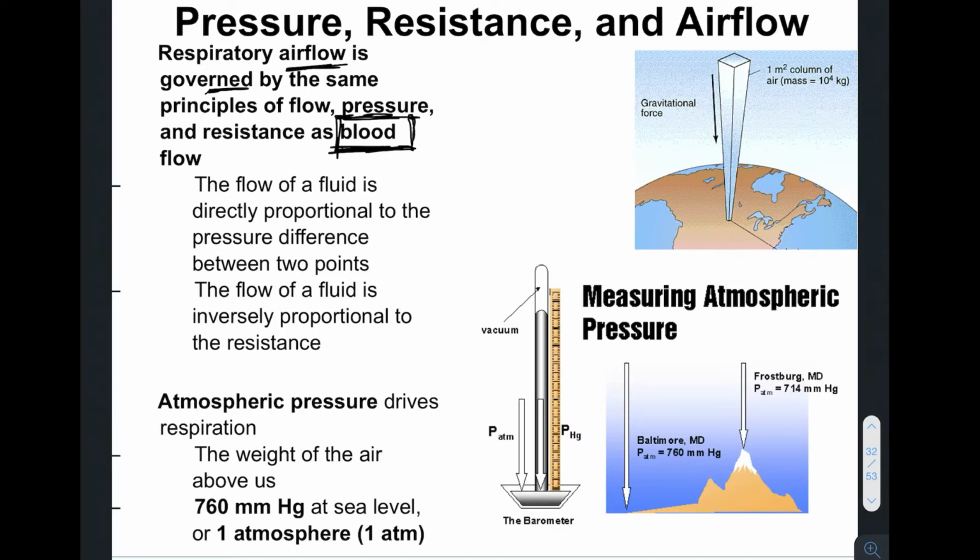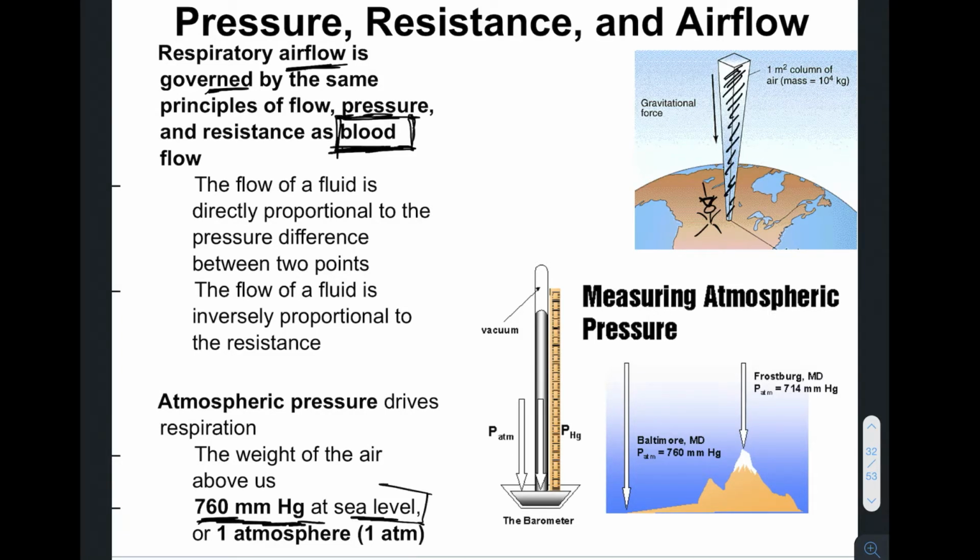Now, the first thing to notice is that if you are right here in the middle of North America, let's say, you have a column of air from the atmosphere that's sitting on top of you, and that column of air is putting a certain pressure on your head, and that pressure has been measured to be 760 millimeters of mercury at sea level.